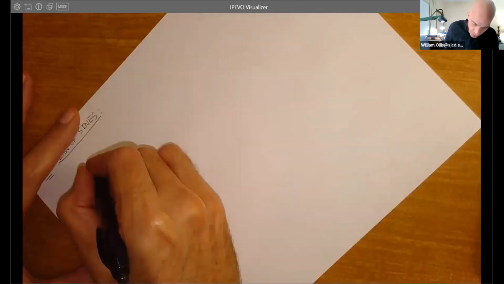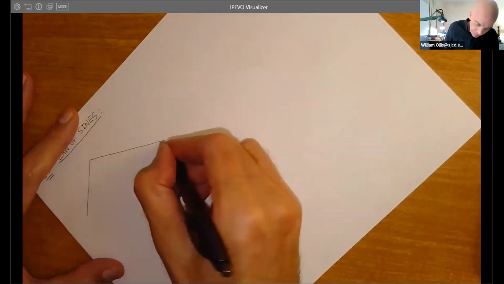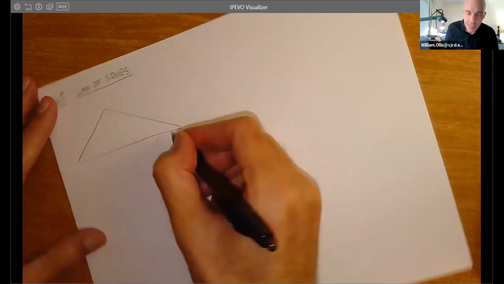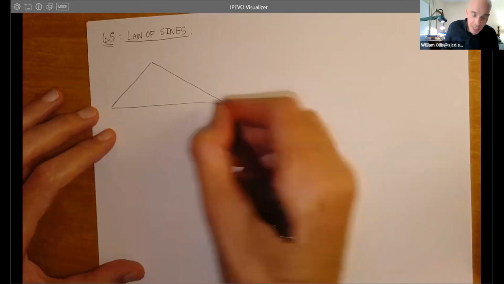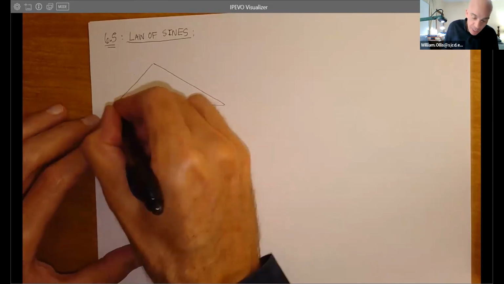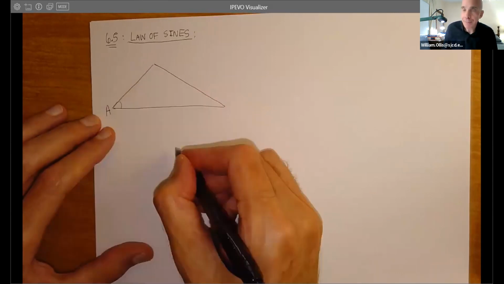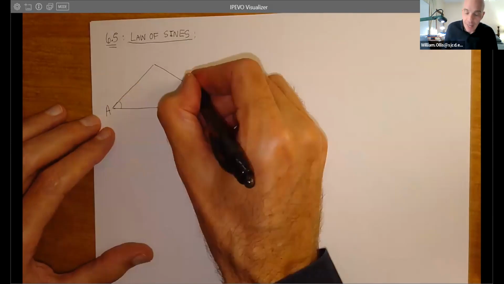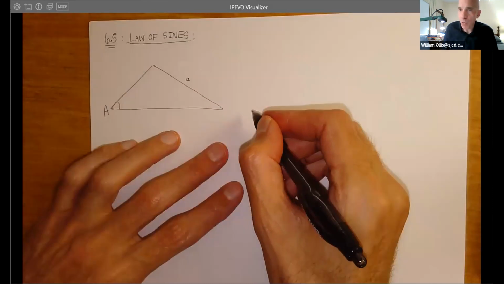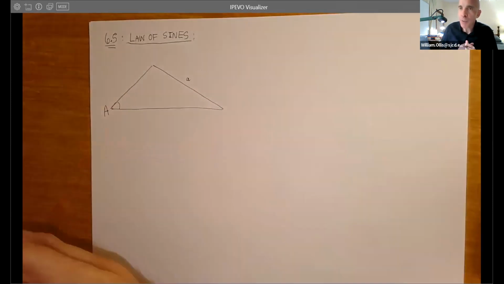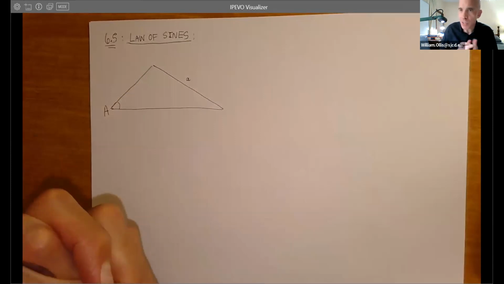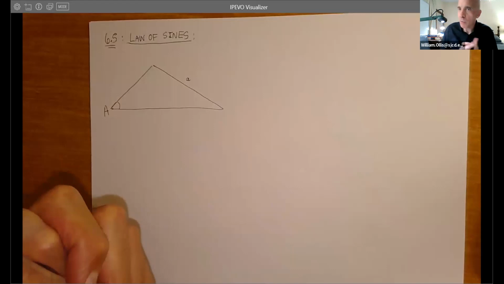So just do a generic triangle. Again, we're going to be lazy when we write this. We're going to say that A will not only correspond to the vertex, but it will correspond to that angle. Then the side opposite A will be a, and that a will also denote the length like we did before. Again, this is abuse of notation, but it's a common abuse, like pounds and inches that we use from the English, and we're used to it.